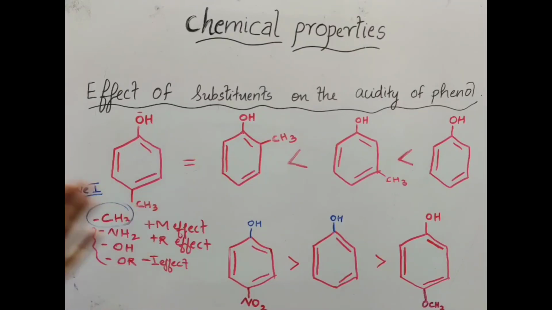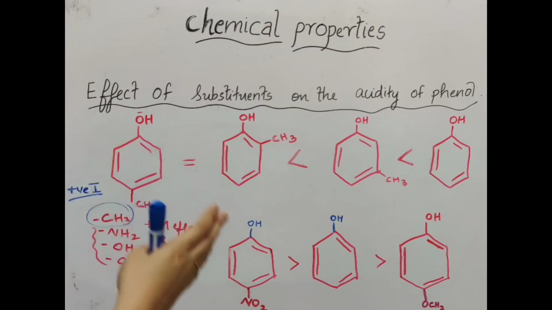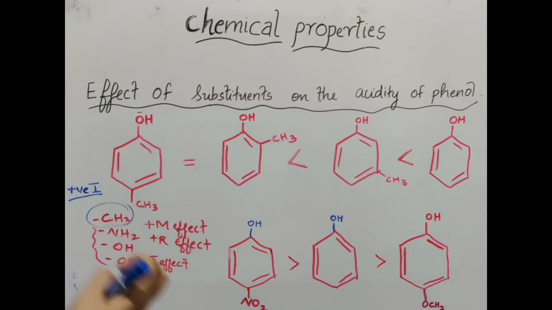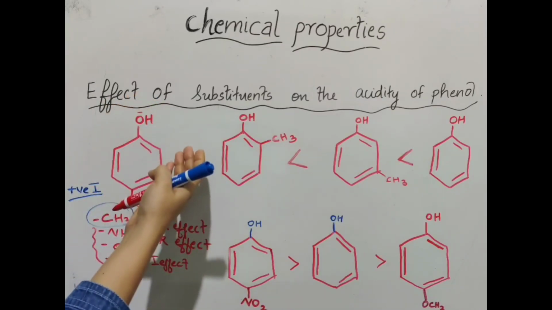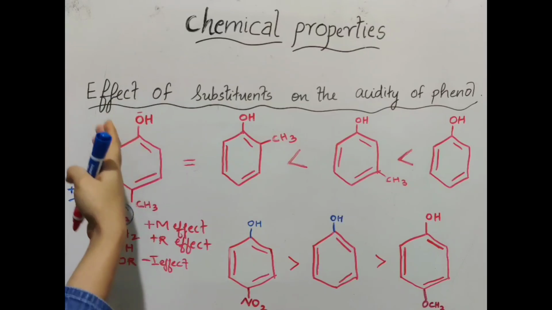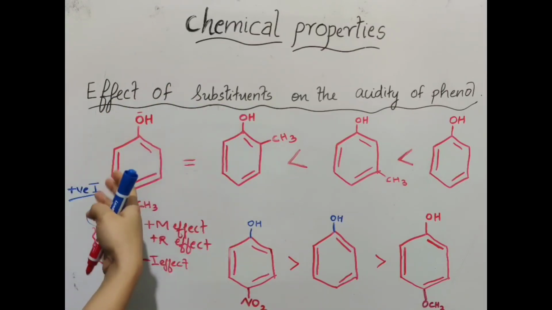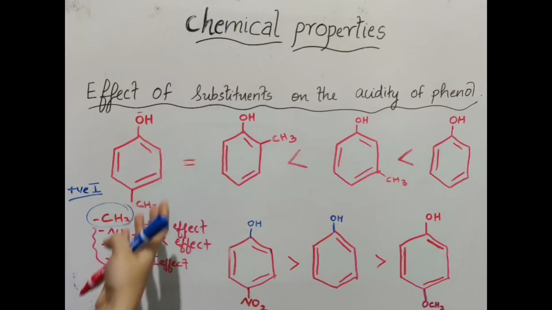Hence we can generalize the concept that the presence of an electron withdrawing group increases the acidity of the phenol, and the presence of an electron releasing group decreases the acidity of the phenol when present at the ortho or para position with respect to the OH group.